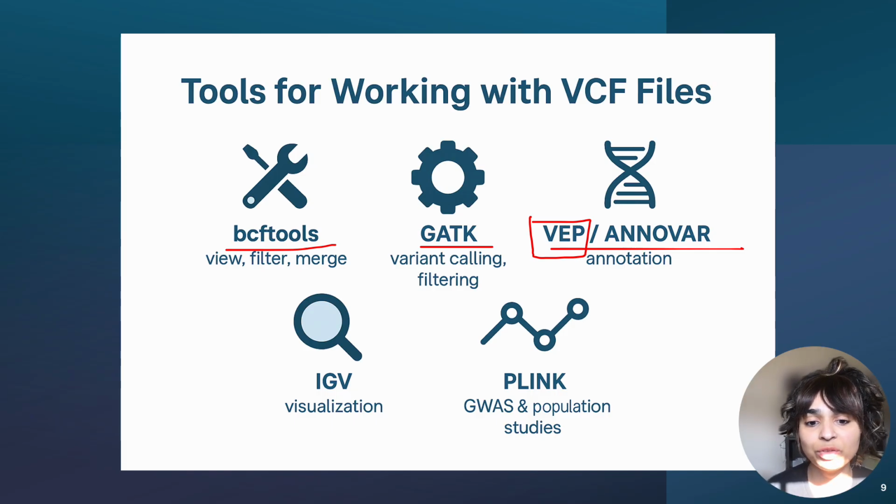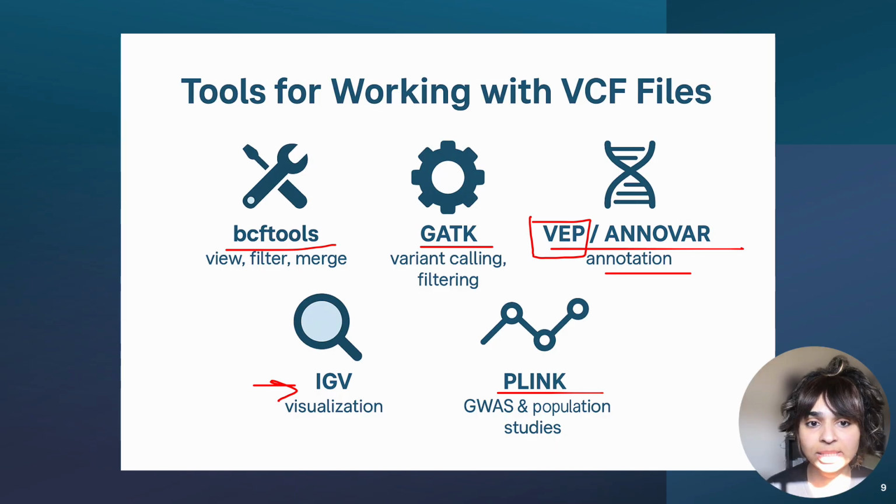The next one is one of my favorites, IGV, that is Integrative Genomics Viewer. This is a graphical tool where you can actually visualize reads and variants in their genomic context. The next one is Plink. I haven't used this, but it is commonly used in population genetics and GWAS studies. It can convert VCFs into formats suitable for large-scale statistical analysis.